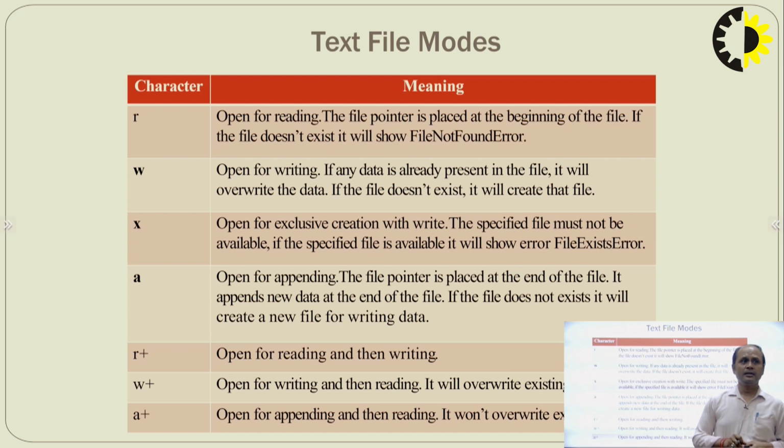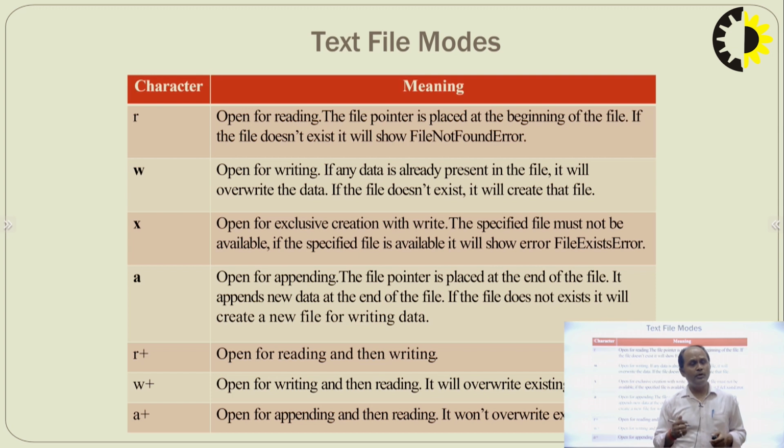It places the file pointer at the beginning of the file. If the file does not exist, it will show the file not found error. If the file is found, then it is opened and read. That means the file is open for reading purposes only. If we open a file in this mode, we can only read that file. We cannot write anything in that file.